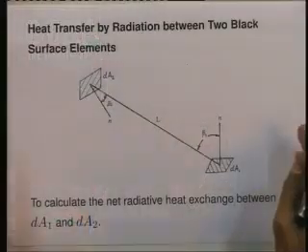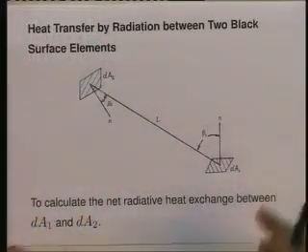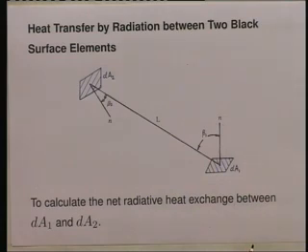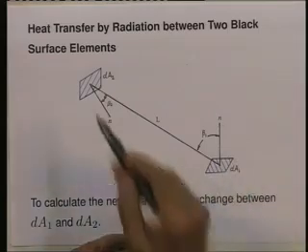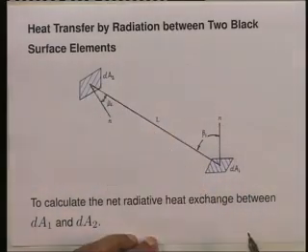So, first let us calculate the heat transfer by radiation between two black surface elements. Let us say the black surface elements are dA1, this is one black surface element, and dA2.